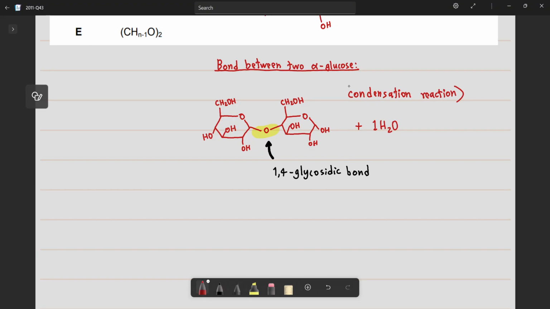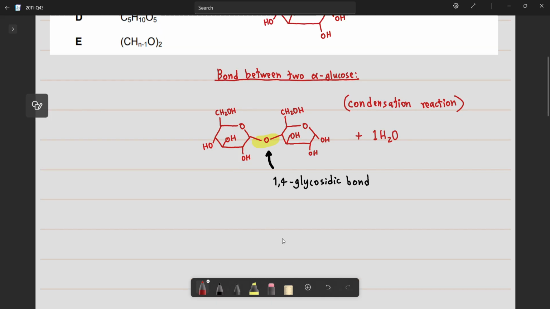You must know the most basic definition, that it's a link between two compounds that releases a small molecule, which can be hydrogen chloride or water. But in this case, it's a water molecule. One water molecule is released from here.